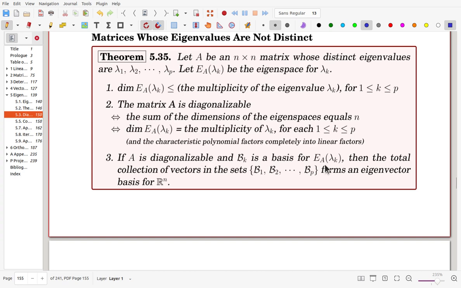Each eigenspace has a basis, and these are eigenvectors that are linearly independent. If we collect them, then again these are n linearly independent eigenvectors, so this set forms an eigenvector basis for R^n. That's a really simple consequence.